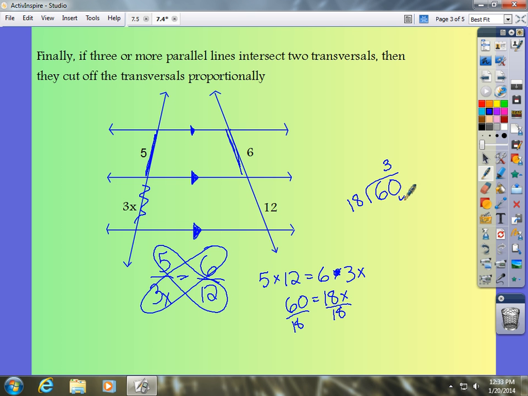I get 6, which means I'm going to have another 0 drop down. Or I'm going to take that 6 and put it over 18. And 6 over 18 reduces down to 1/3, so I have 3 1/3. If I had kept it and put a decimal, I would have gotten 0.33333 remainder, and so it's just easier sometimes to write it as a fraction.